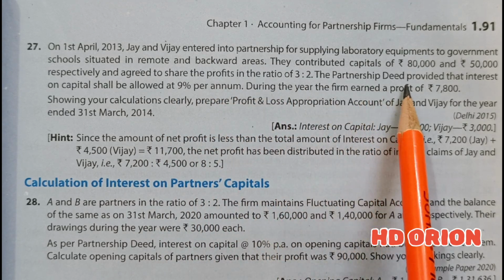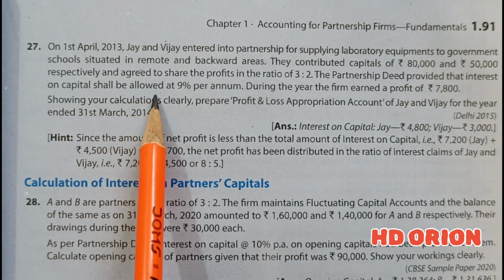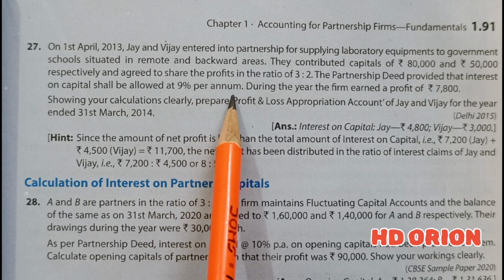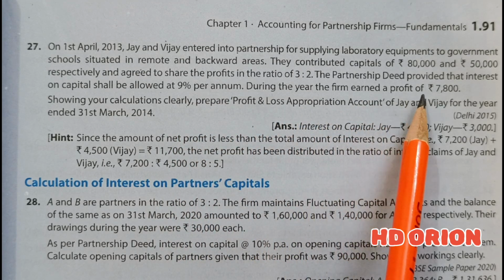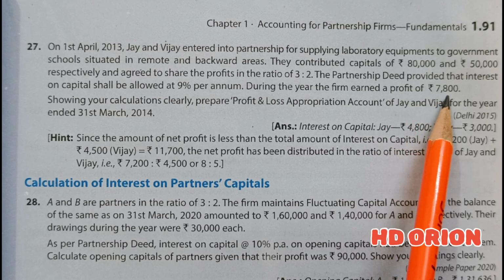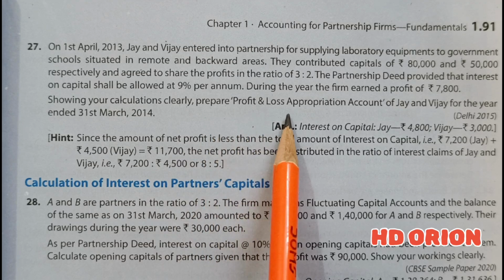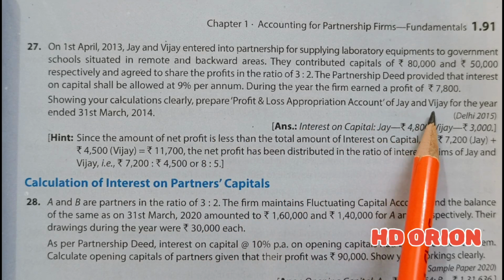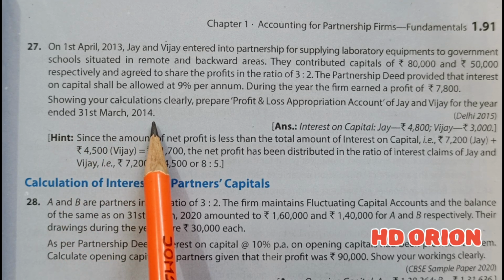The partnership deed provided that interest on capital shall be allowed at 9% per annum. During the year, the firm earned a profit of rupees 7,800. Showing your calculations clearly, prepare profit and loss appropriation account of Jay and Vijay for the year ended 31st March 2014.